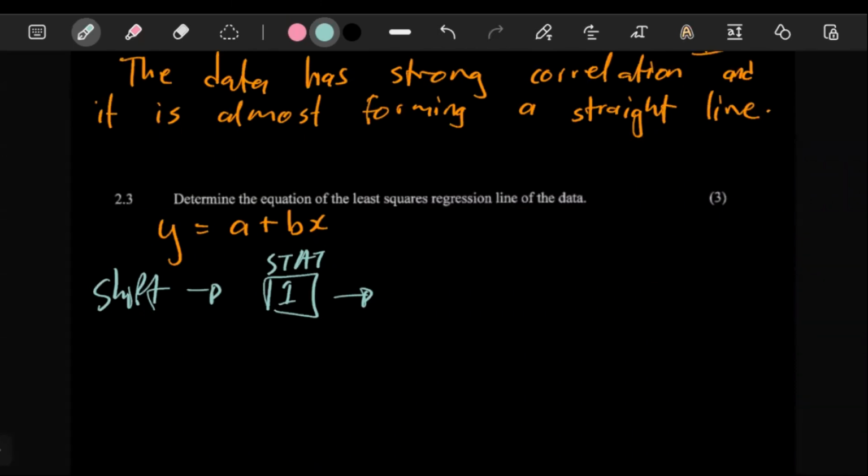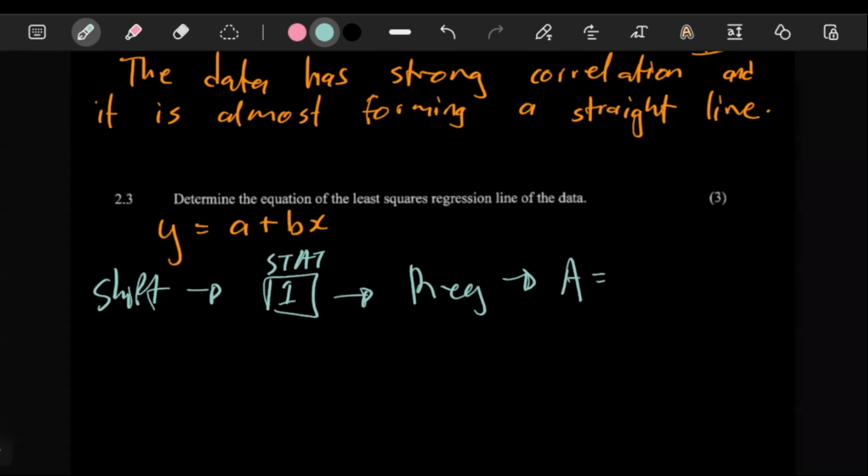So it's shift, then stat, and then you click on reg, for least squares regression line. After clicking on reg, you choose 5, meaning A. Let's see what the calculator is giving us.